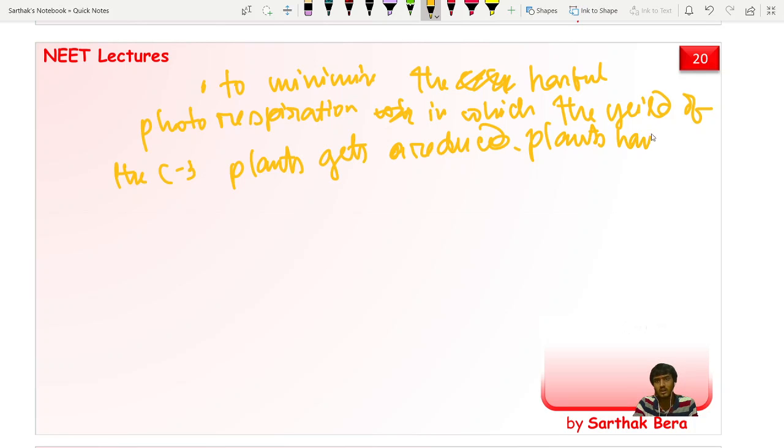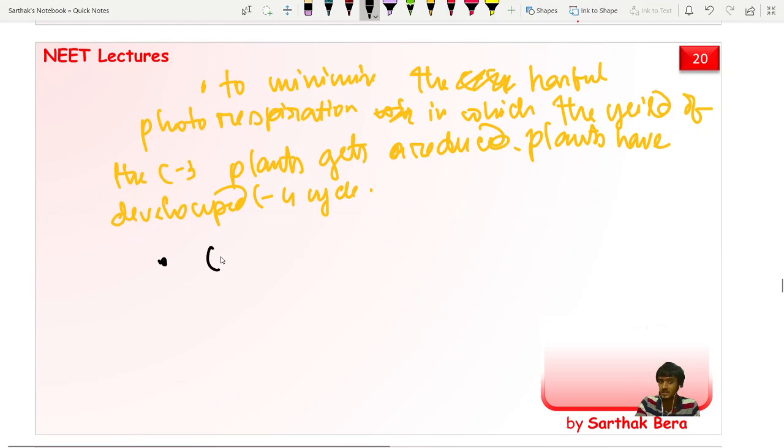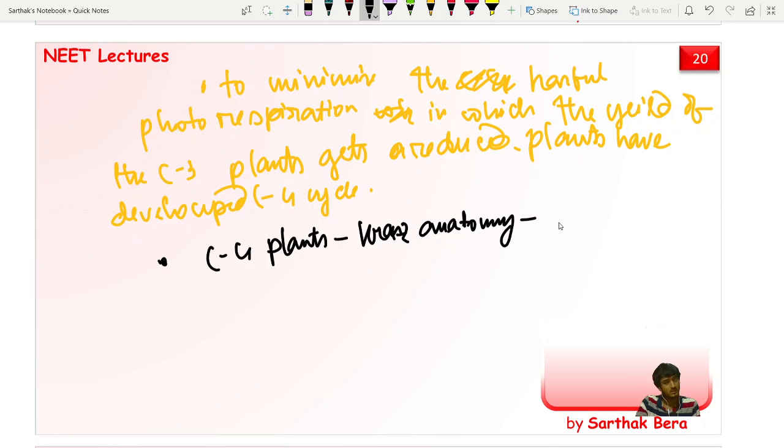Plants have developed the C4 cycle. And if you remember, I have taught you that C4 plants have Kranz anatomy. Remember, bundle sheath cell, no intercellular space.